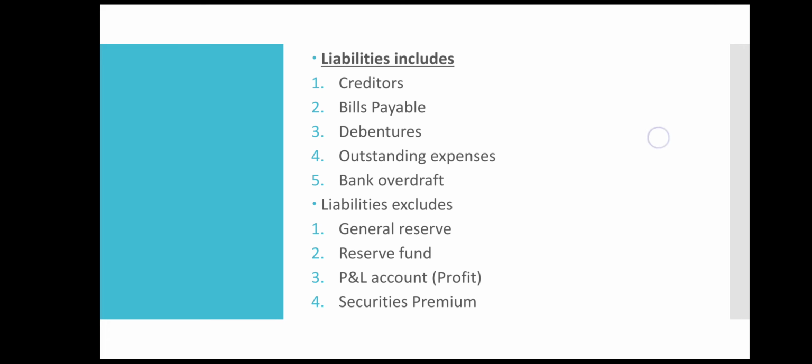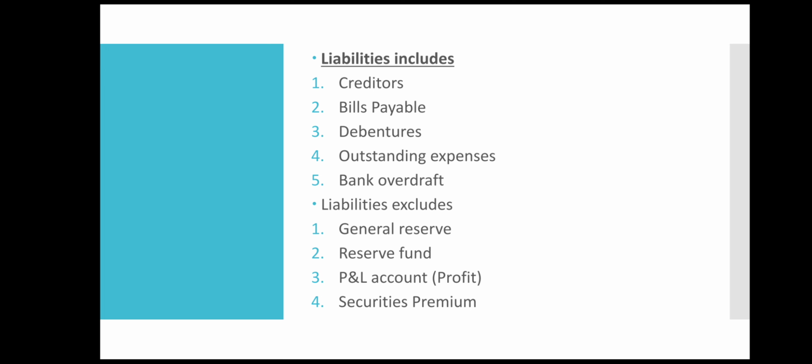Okay, next is liabilities. Now when we say liabilities, these things have to be taken in the problem. They are creditors, bills payable, debentures, outstanding expenses and bank overdraft. And liabilities exclude general reserve, reserve fund, profit and loss account profit, securities premium.